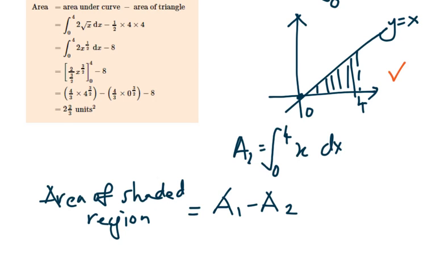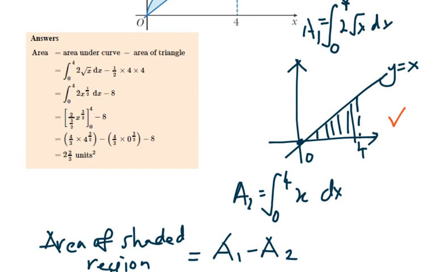As you can see here, it's already solved for you, where the first step is to find the area under the curve, which refers to A1 here. For the area of the triangle, either you integrate and put the limits in, or you can use the area of the triangle formula, half times base times height, because the base is given, which is 4, and the height is given as well, which is 4.